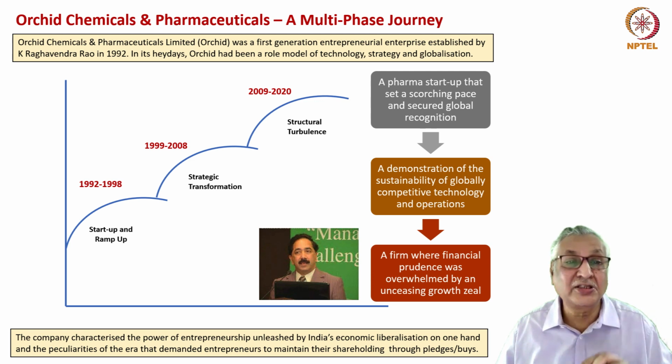But those were the days, particularly in the 1990s, when promoters were expected to stay on in the business and keep investing and keep raising equity capital through pledges and buys. Nobody told, but that was the practice.